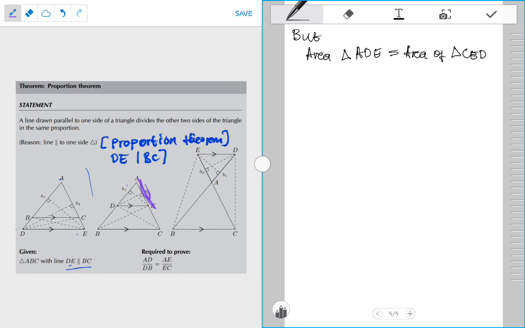The reason is the same base DE and the same height.